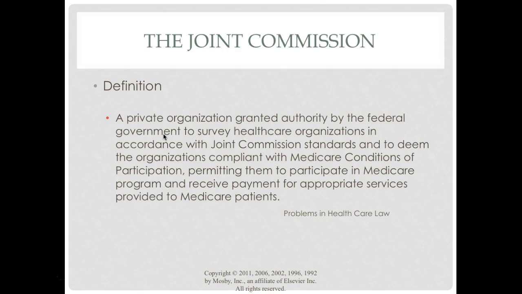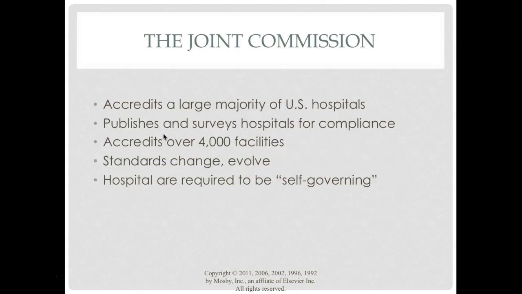So without having the Joint Commission's gold seal, it's a lot more difficult to get reimbursed from Medicare. That's Medicaid, Medicare, so anything to do with the federal government payments.